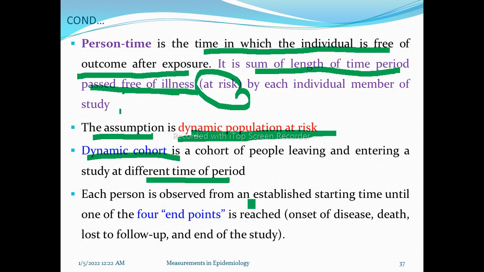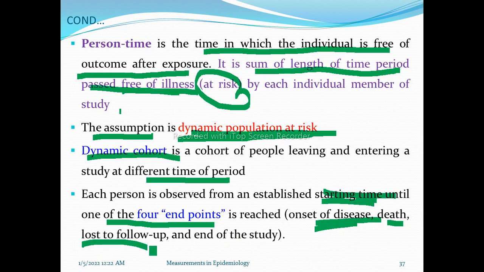Each person is observed from an established starting time until one of the endpoints is reached. Maybe your objective is onset of disease. They will be followed from the starting time until onset of disease, or until death, or they may be lost to follow-up. Some are followed until the end of the study.